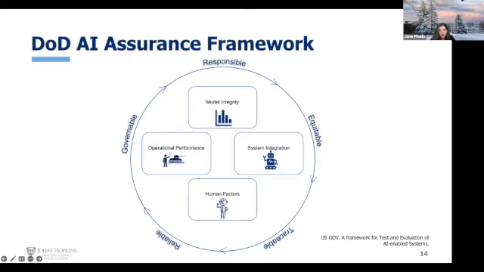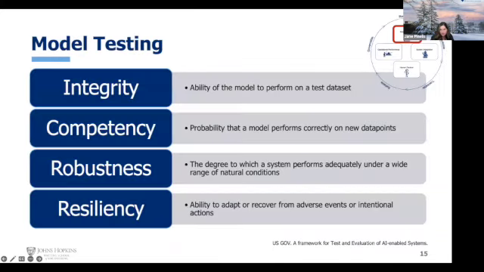So what I want to do next is get into these 4 rectangles, and we will especially dive into model integrity, because I would like for you to walk away with a little bit more of an appreciation of what it actually takes to test one of these models, let alone a system. So you'll see on the top right, just so you don't get lost, where we are in that circle and in the rectangle.